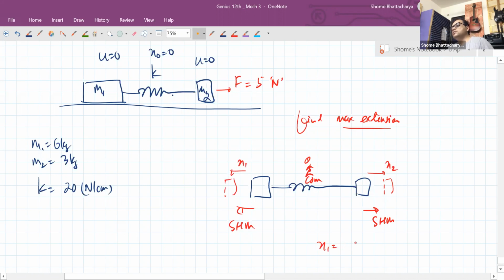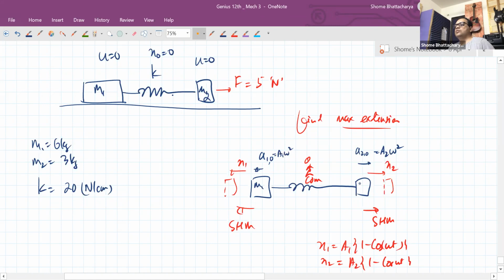Where this will be like this, and this will be like this. Okay. So in the center of mass frame, initially, whatever acceleration this is having, a1 at t equal to 0, let's say a1 naught, okay, and whatever acceleration this one is having, this is nothing but a2 omega square, and this is nothing but a1 omega square.